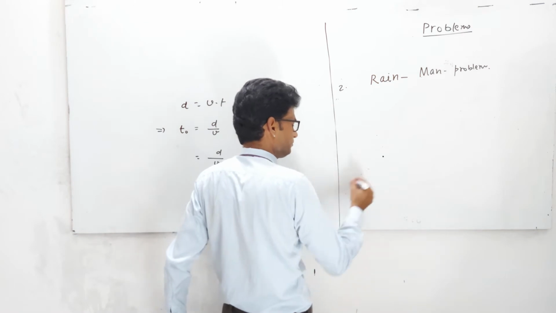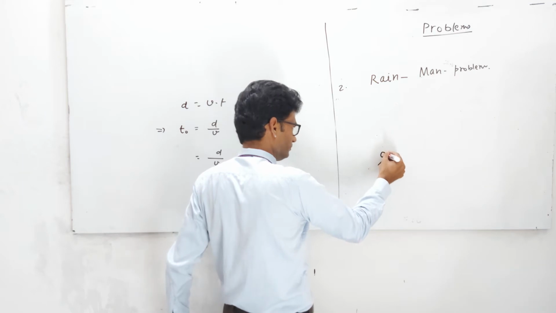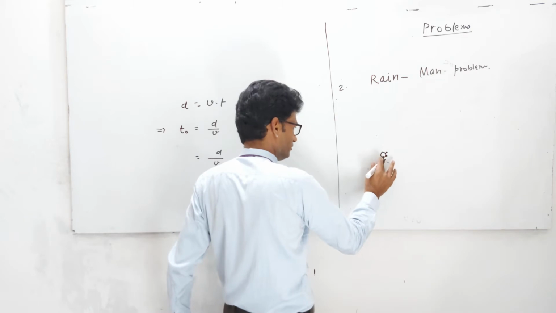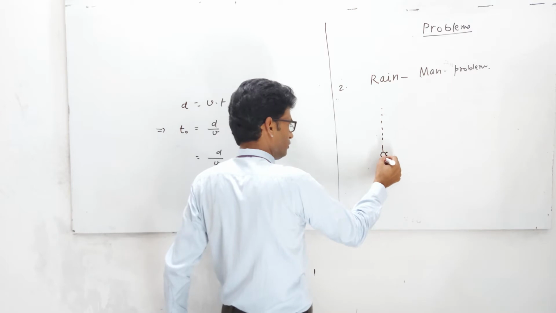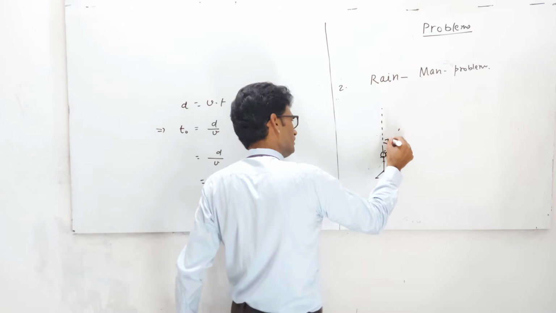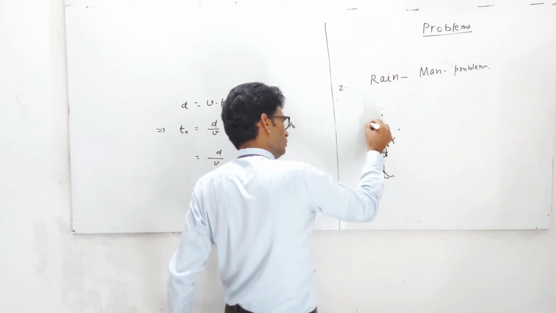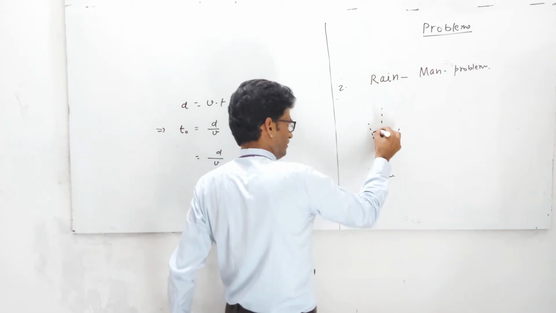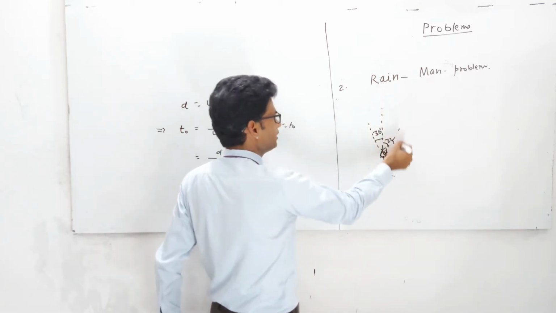Here is a man standing, holding his umbrella. So this way is 30 degrees, or that way, like that, 30 degrees, because it is not mentioned in which way he is holding his umbrella, only 30 degrees with the vertical.